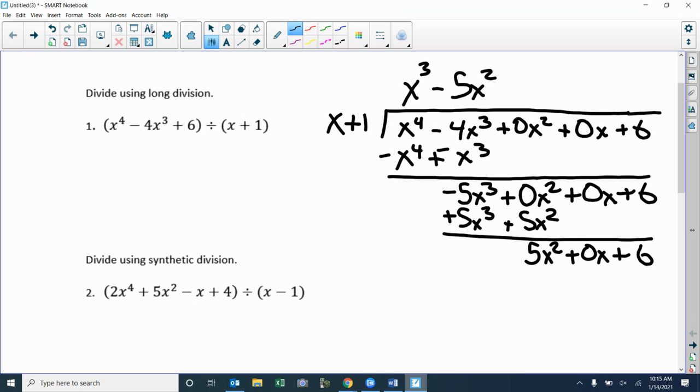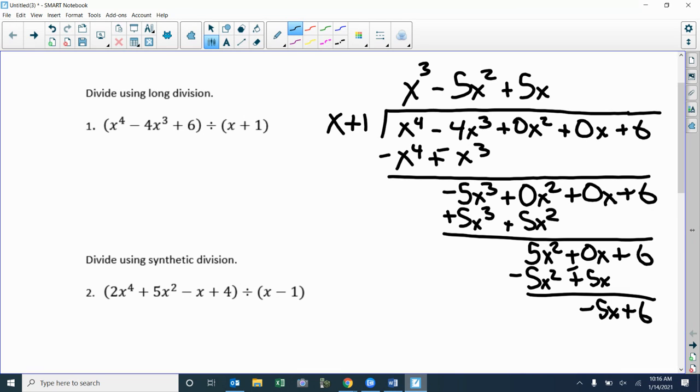I'm going to multiply by positive 5x now, because x times 5x gives me that 5x squared. 5x times that 1 gives me plus 5x. Remember, these signs change. That becomes 0. So now we're looking at negative 5x plus 6. We're getting close.